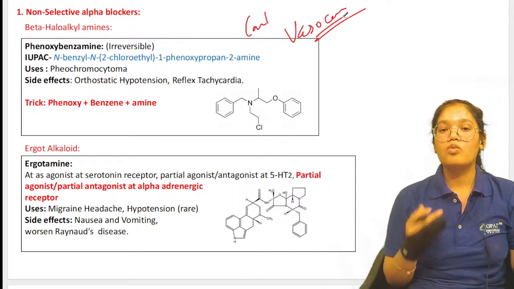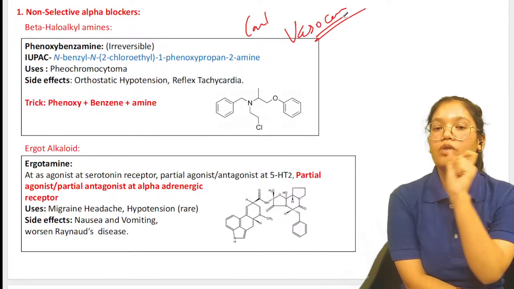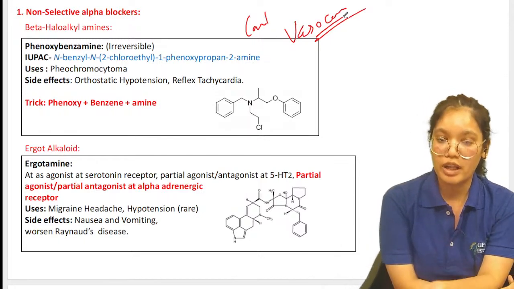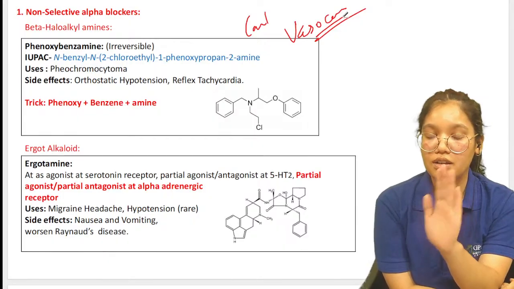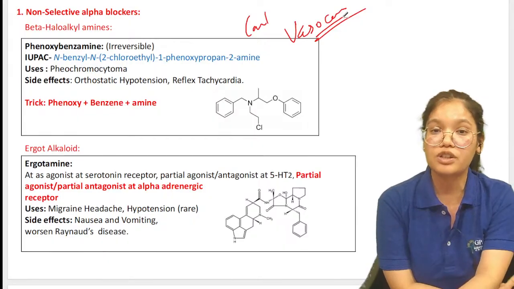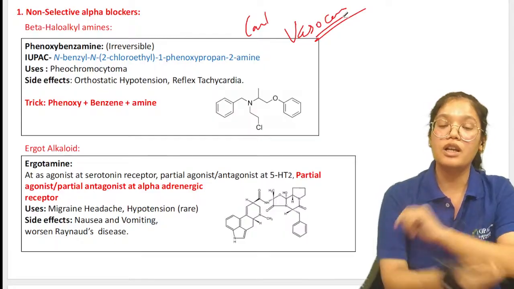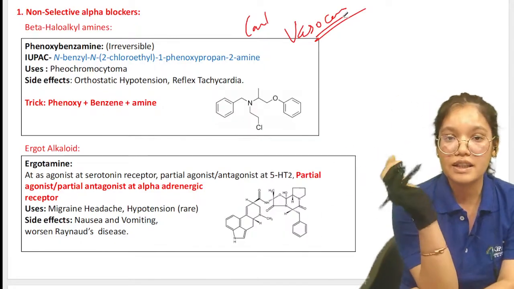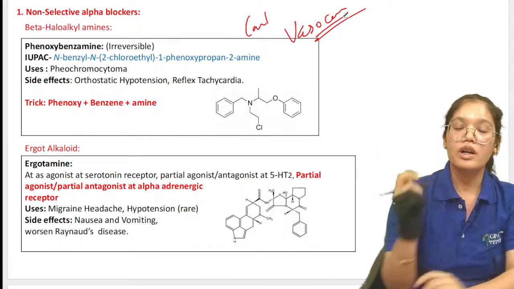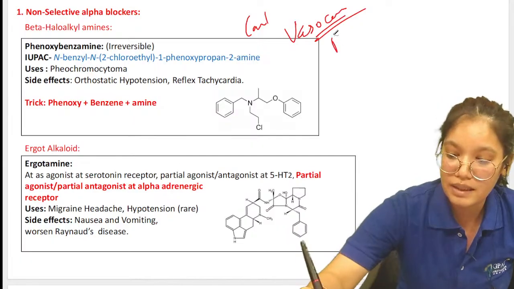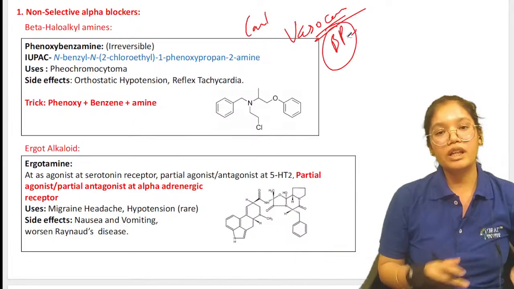Whenever we stand up, our body answers with vasoconstriction, and due to that the flow of blood towards the heart increases. So the BP gets managed due to vasoconstriction.